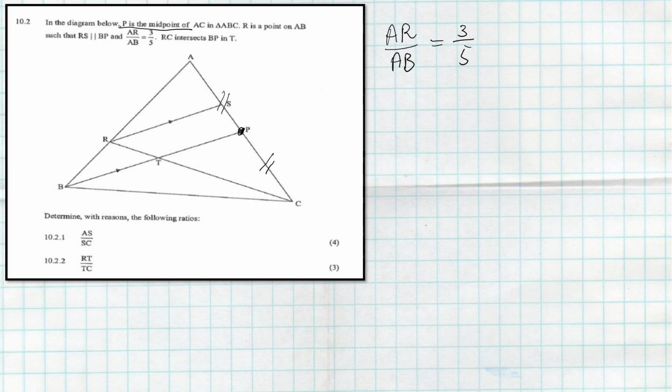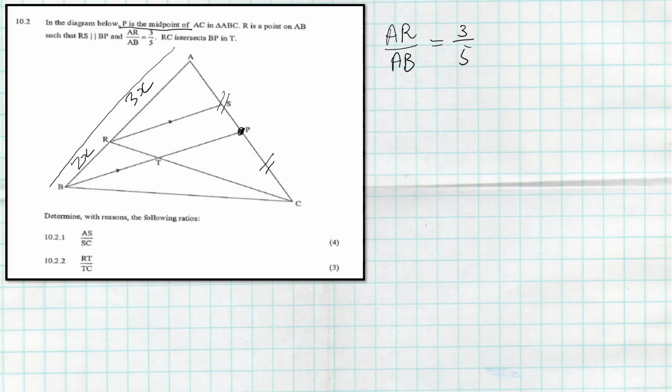It does not necessarily mean that the length of AR is 3, but there might be another variable that it's been multiplied with so that it can give us the actual length of AR. So we're going to put 3x there, and AB is equal to 5. So AB is this distance, all of it is 5. So for it to be 5 here, this part must be 2x.